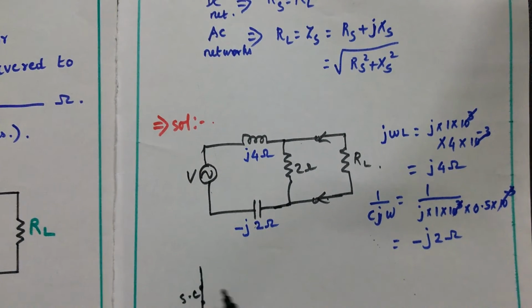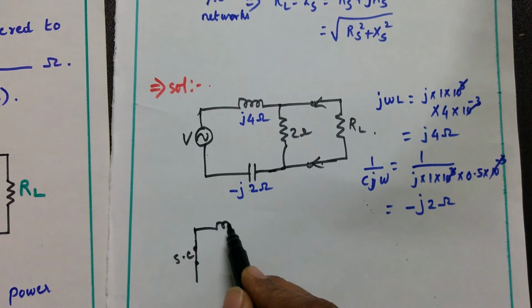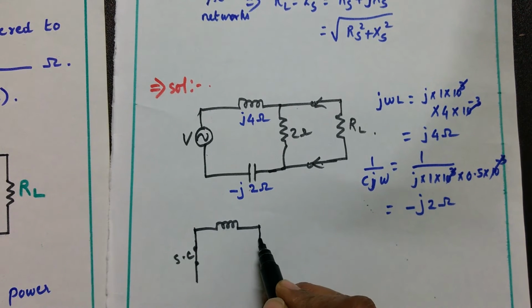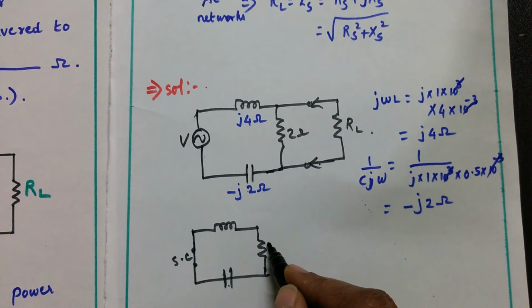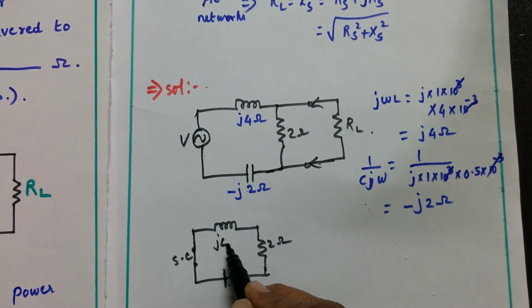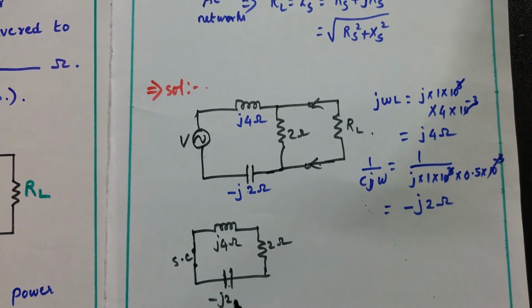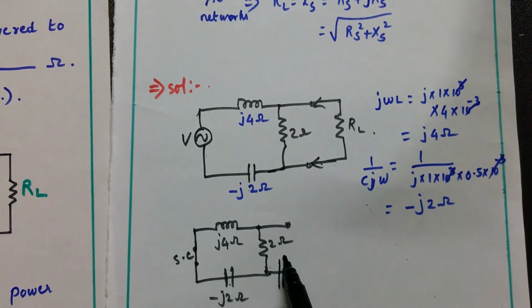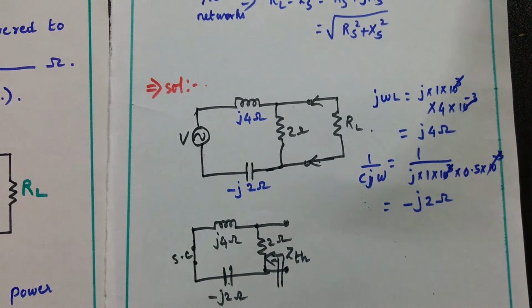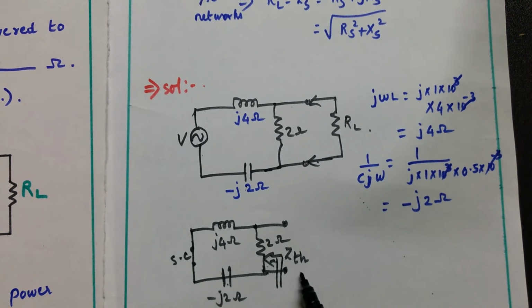The inductance is j4 ohms, the capacitance is minus j2 ohms, and the resistance is 2 ohms. Now the terminals can be opened to find the looking-back impedance, Z Thevenin. We are going to find the Z Thevenin.